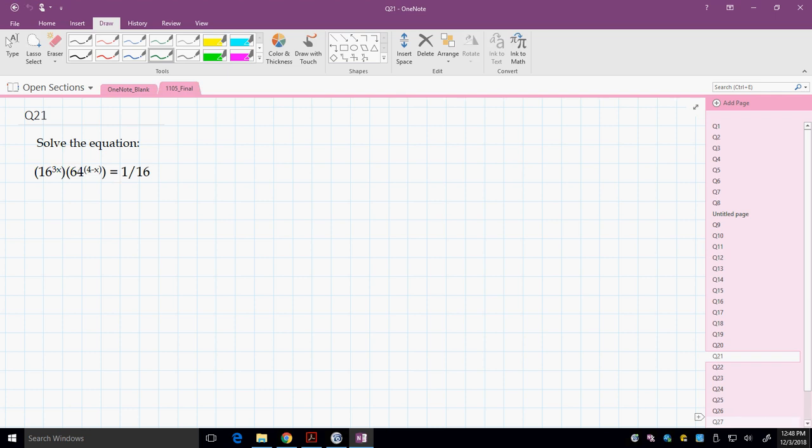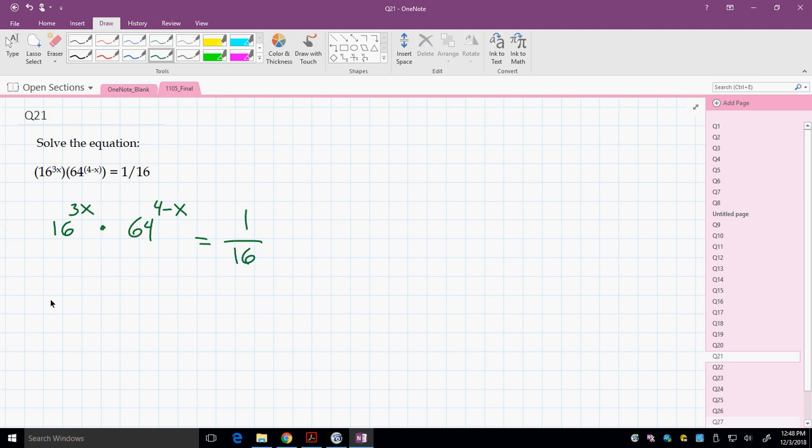So question 21. Solve the equation. As soon as I see this, I can tell that I have 4 as a common factor in all of my terms. So this is multiplication. Now we have 64 raised to the 4th minus 8 equals 1 over 16. I just rewrite it this way. It's easy to my eyes to see and understand this.